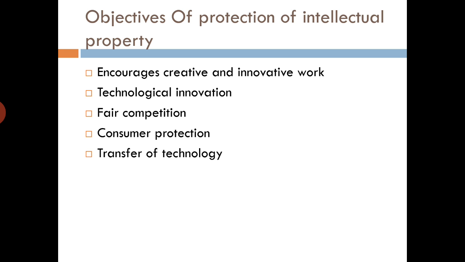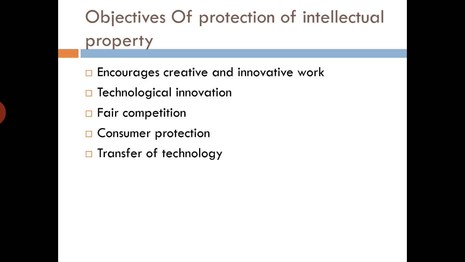Then consumer protection. If there is no duplicacy, consumers will be protected. Consumer interest will be protected. Sometimes what happens, we pay for a brand which is a duplicate of a famous brand. We pay the same amount of money that we would have paid in case of the original brand, but what happens?